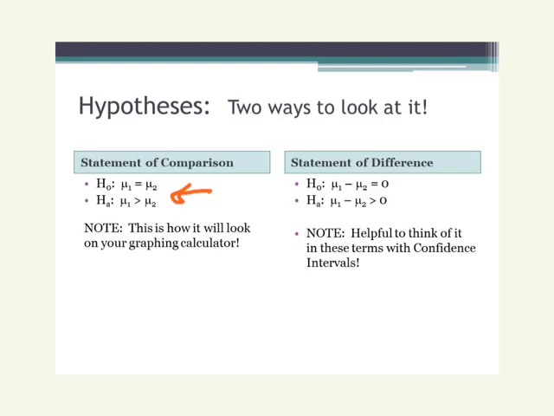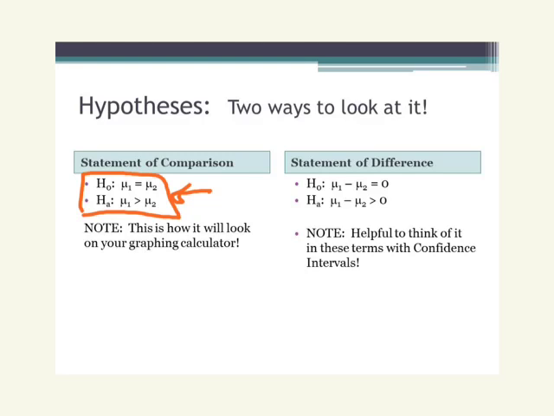But another way that you could write them is we could think of them as a statement of difference. And this is going to be helpful when we work with confidence intervals and kind of interpret those and compare those to the conclusion that we make through our significance test. So again, this side is going to be the way that we write our hypotheses most often, but I do want you to know in the back of your mind, this is another way that we could write those, okay?